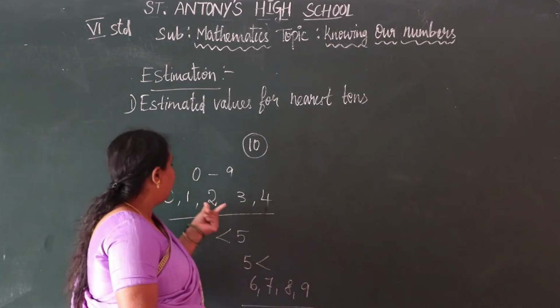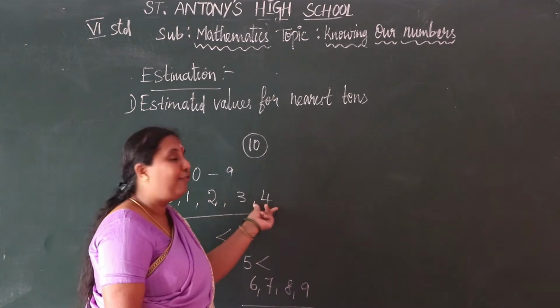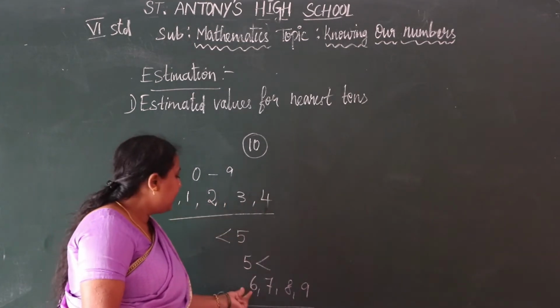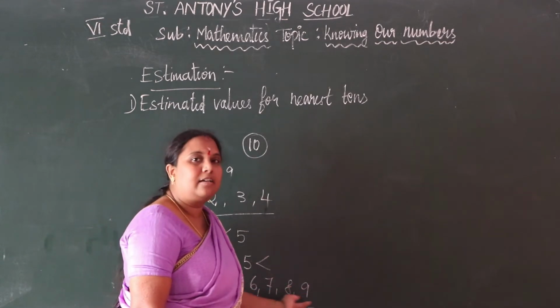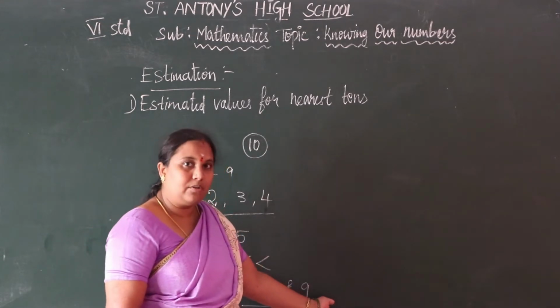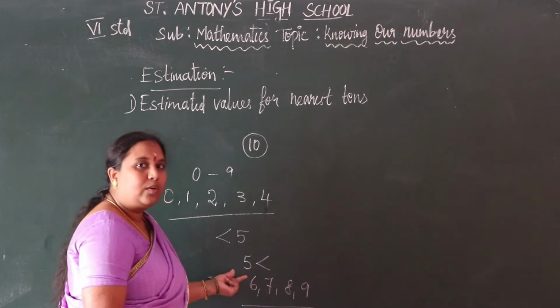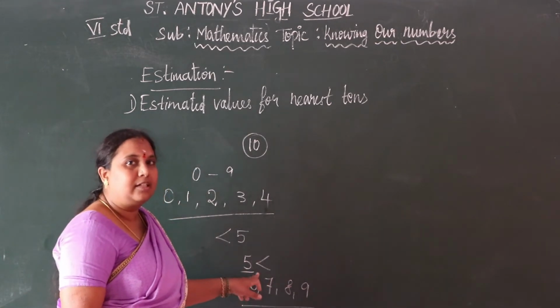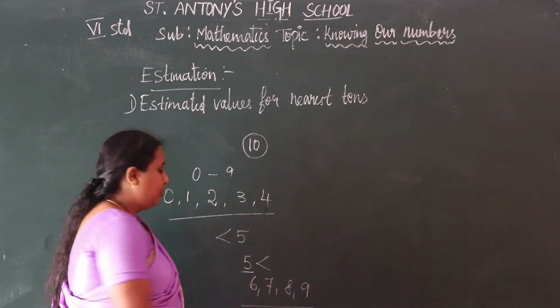So 1, 2, 3, 4 are nearer to 0, and 6, 7, 8, 9 are nearer to 10. And what is the middle number? 5. So 5 is also considered nearer to 10 only.